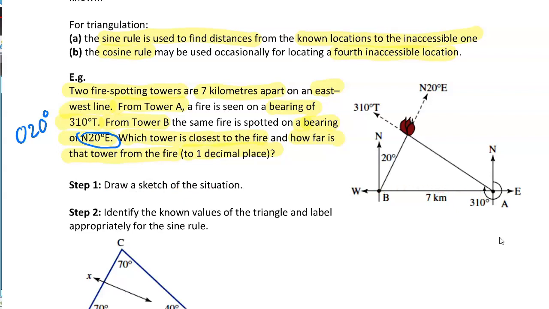We use triangulation because we know how far apart the two fire spotting towers are, and we can see what bearing the fire is on, but we can't tell how far away it is. So we need to figure that out so we can tell the firefighters where the fire is so they can get there.